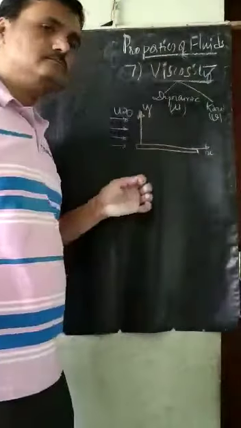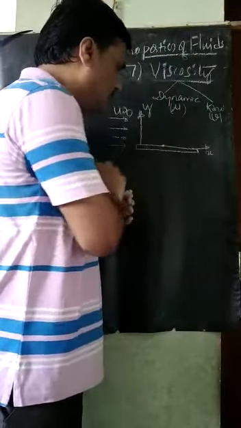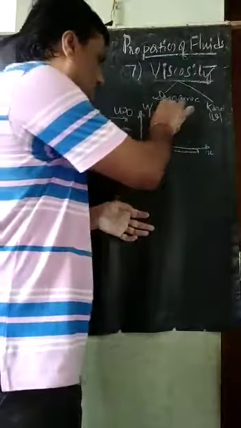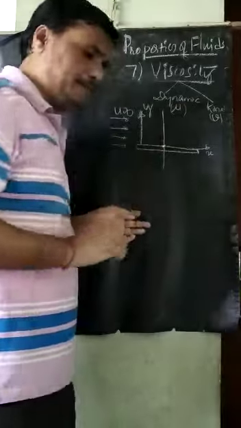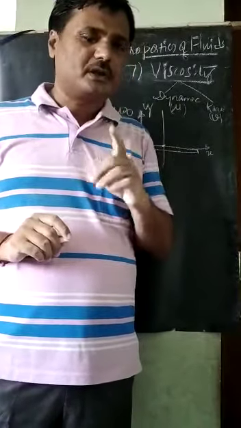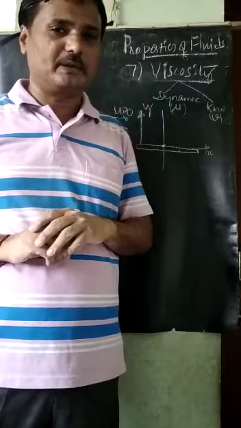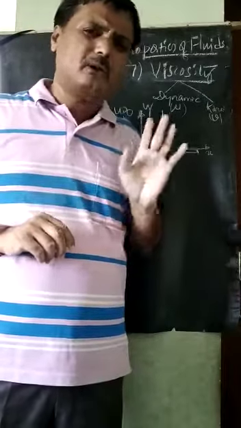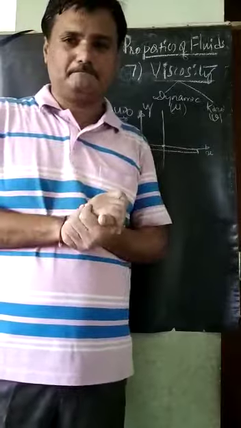I will take one point immediately on the surface of the plate here. What happens? The fluid particles immediately on the surface of the plate have very little velocity, or else it will be called zero velocity.